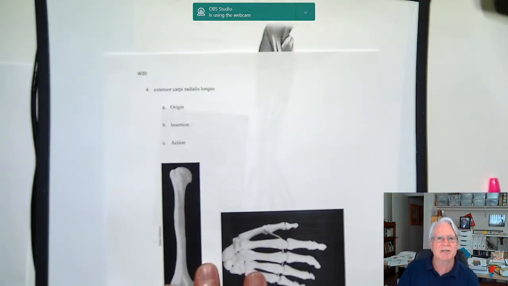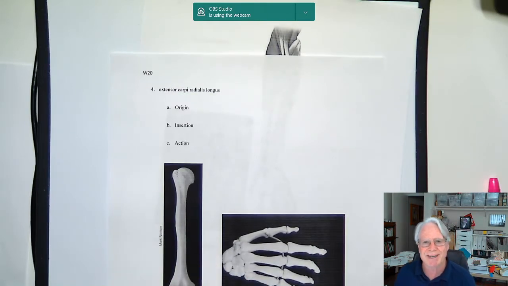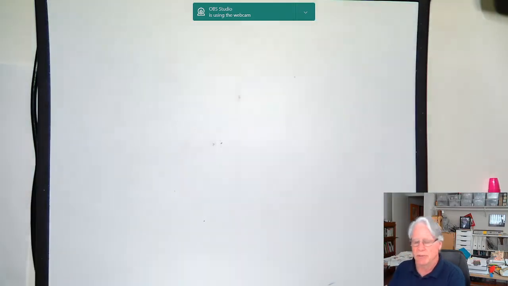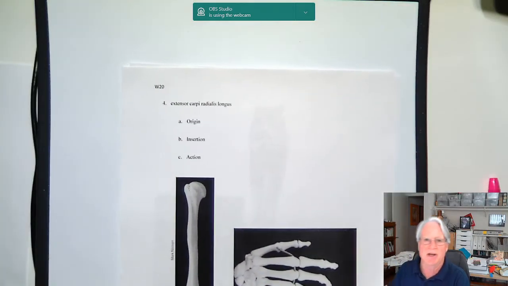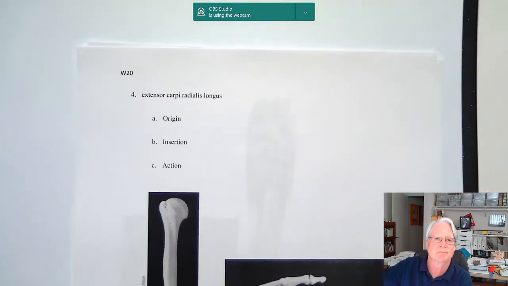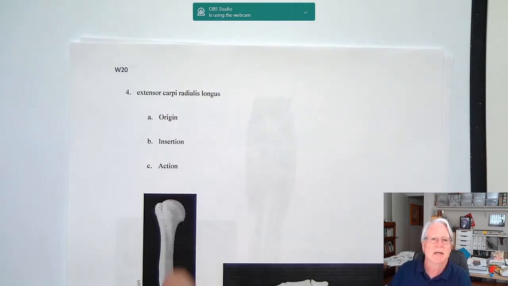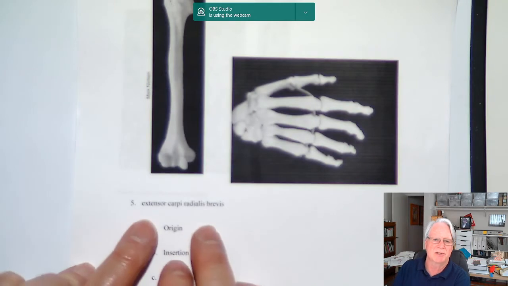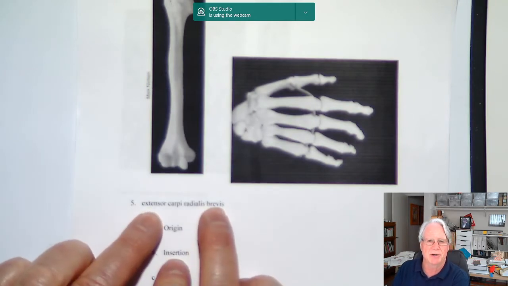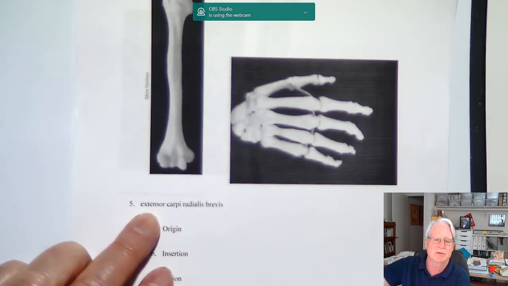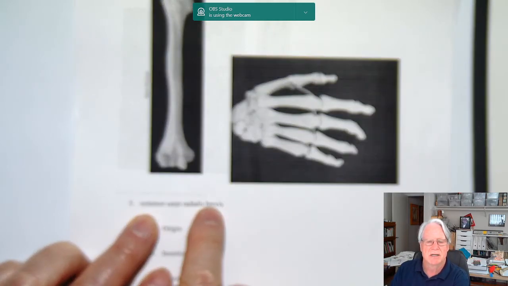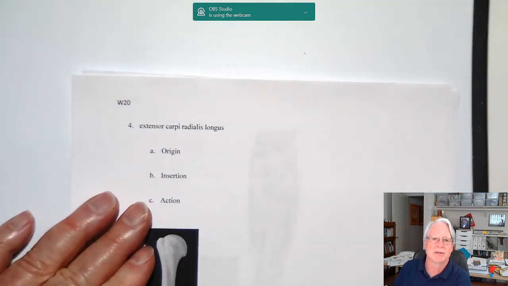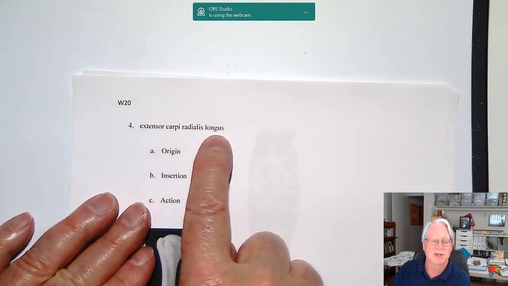The next muscle is the extensor carpi radialis. And then we're going to look at two of those. Extensor carpi radialis longus and extensor carpi radialis brevis. They sit right next to each other, and we now know that brevis is going to be the smaller of the two. This is the shorter one, and this is the longest one of the two.